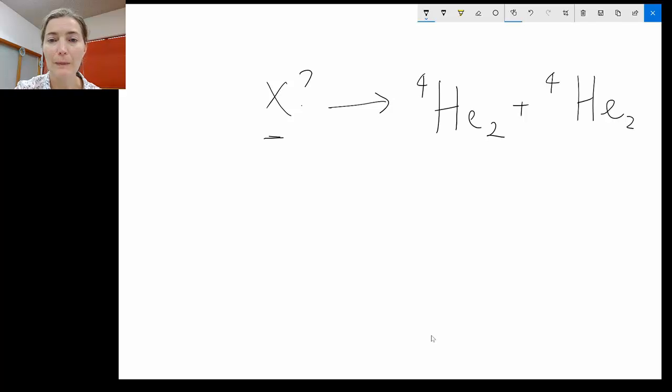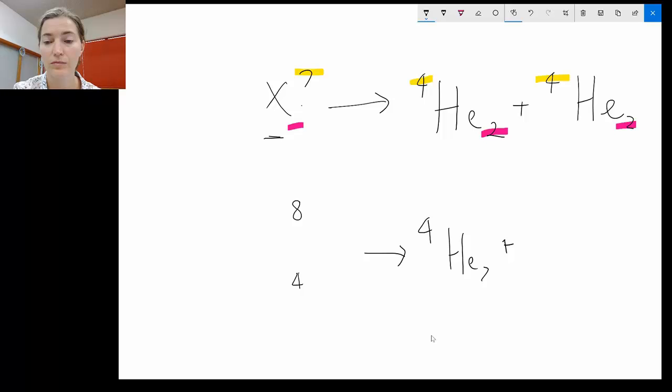So we just work backwards basically. Again, thinking about this plus this has to equal the atomic mass of the mother, and the proton count or mass has to be conserved. So if we work backwards, we're going to have an 8 total over here and a 4 total over here, and we're going to get one alpha particle plus another alpha particle.